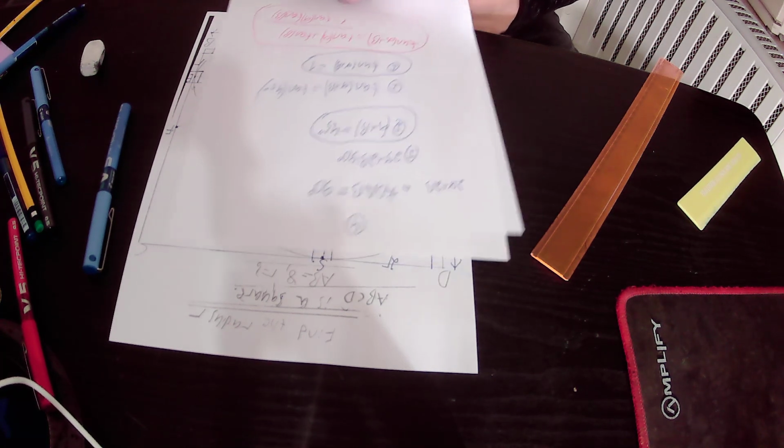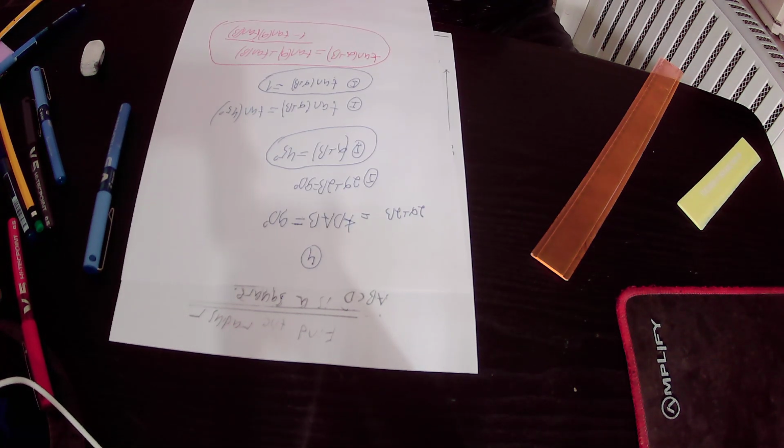Here we will substitute tangent of alpha plus beta in equation number 1 by this expression, which equals tangent of alpha plus beta according to this trigonometric identity. So we will do it now.